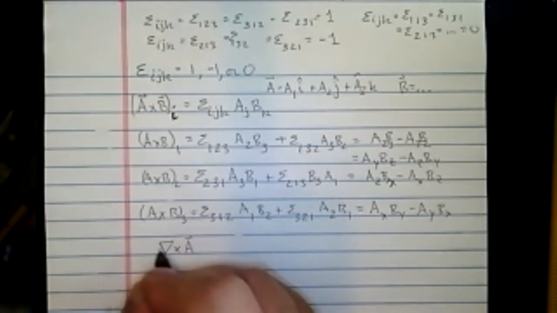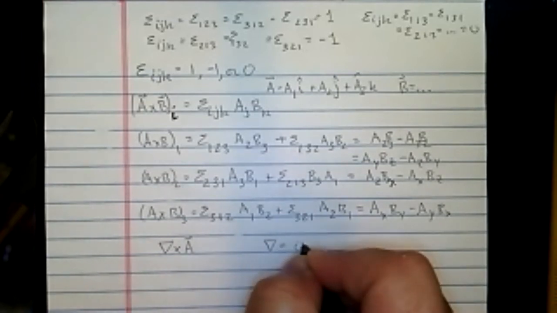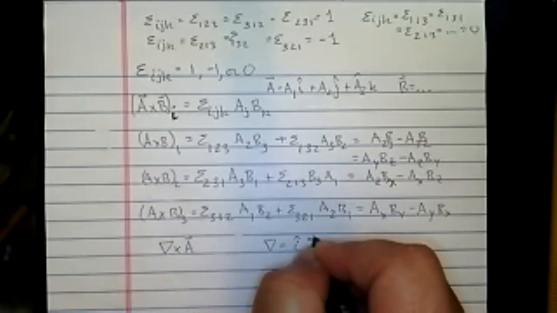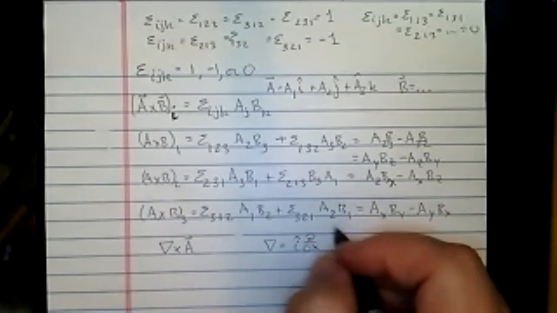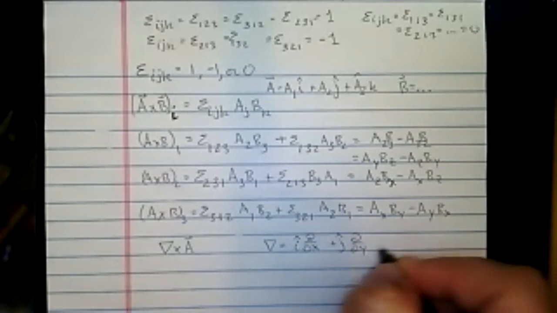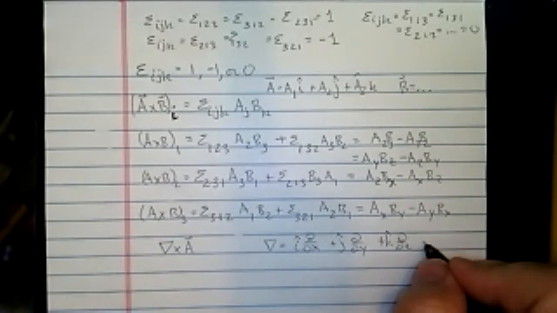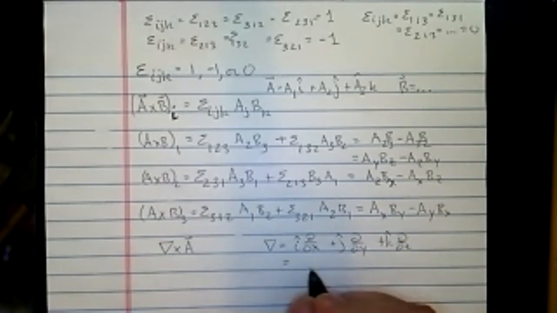Okay. So what the del is, remember the del operator is I hat partial with respect to X plus J hat partial with respect to Y plus K hat partial with respect to Z, which you can also write, by the way, a lot more succinctly by writing I hat partial sub X. In other words, I don't need to put all that whole fraction in there.